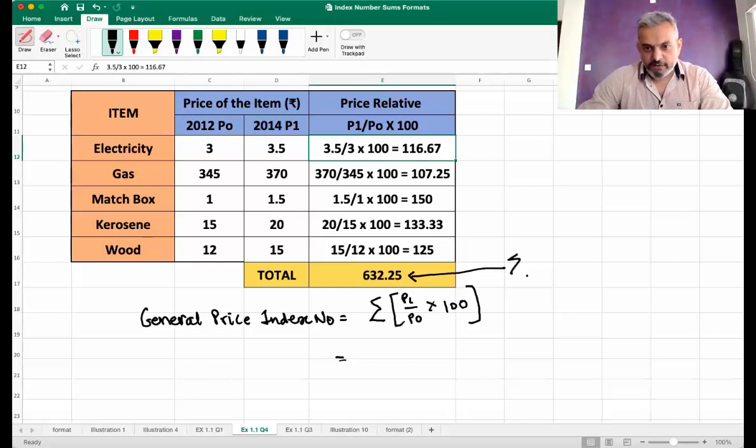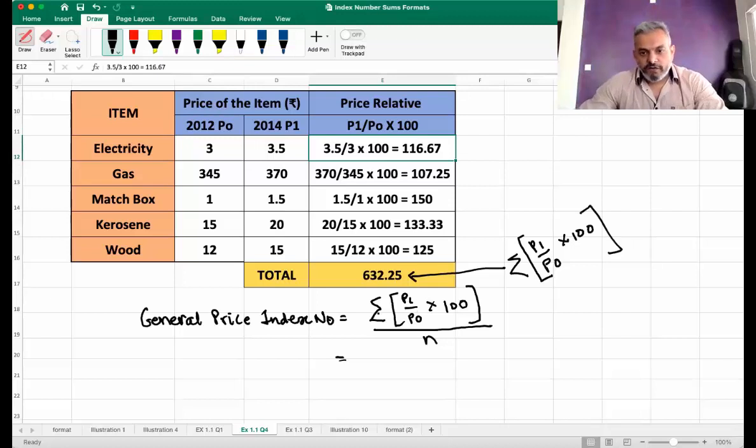Sigma P1 upon P0 into 100 is this, and then we divide it by number of items, that is 1, 2, 3, 4 and 5.